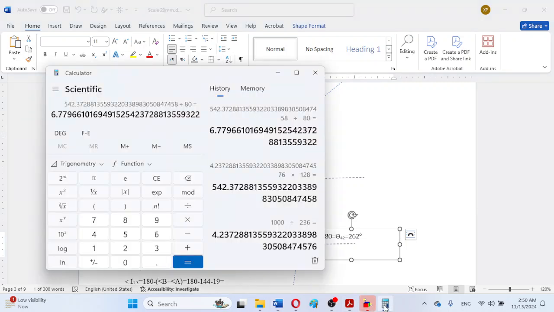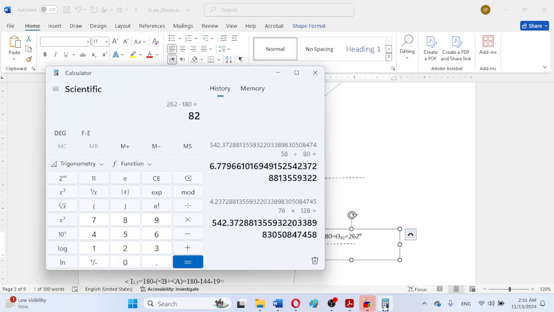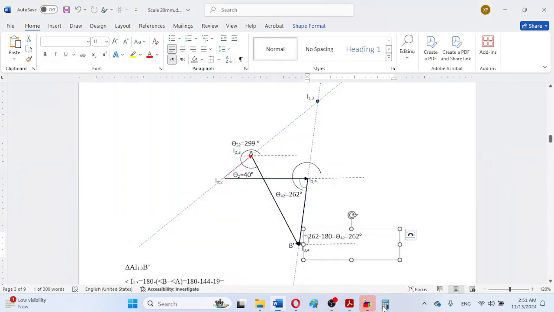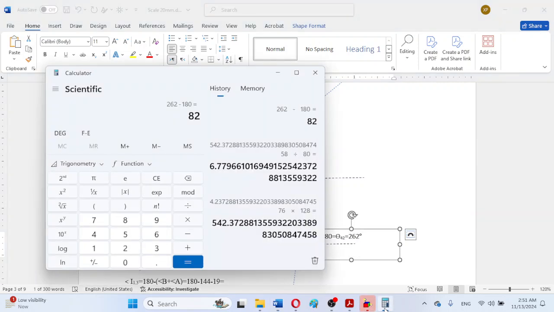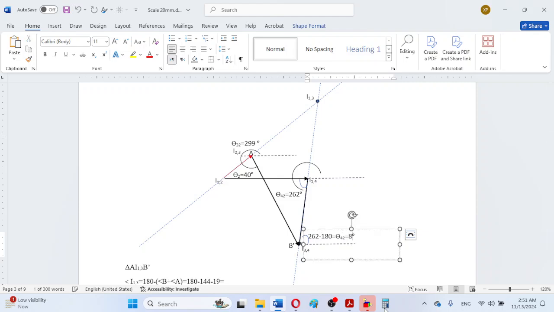So 262 minus 180 comes out to be 82 degrees. So this angle is 82 degrees.